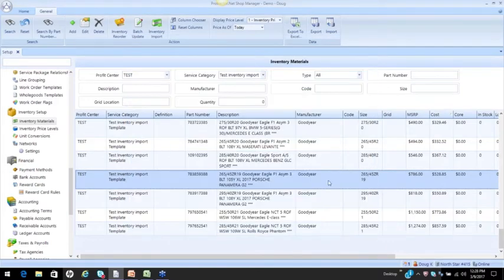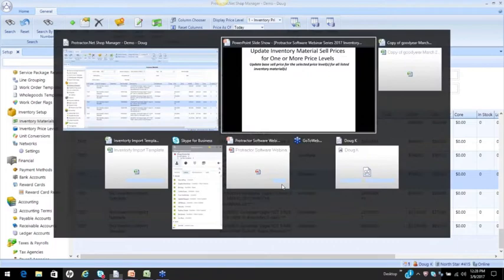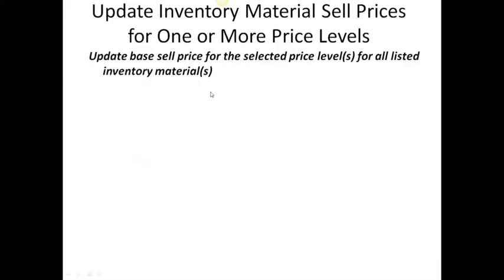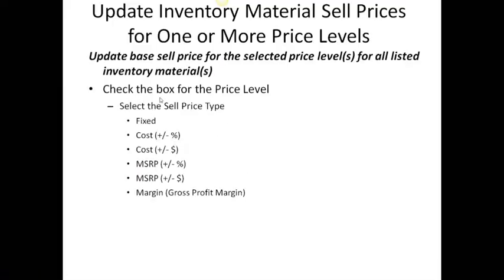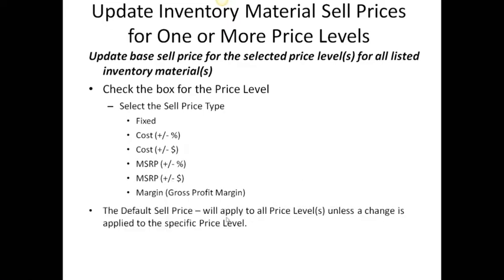So just remember, you need to understand whatever you select is going to update with the information you enter. A quick review. When we want to do the update, check the box for the price level. Select the price level type. You guys all know you got all of these right. Good work on your part. The default sell price will apply to all price levels unless a change is applied to the specific price level.